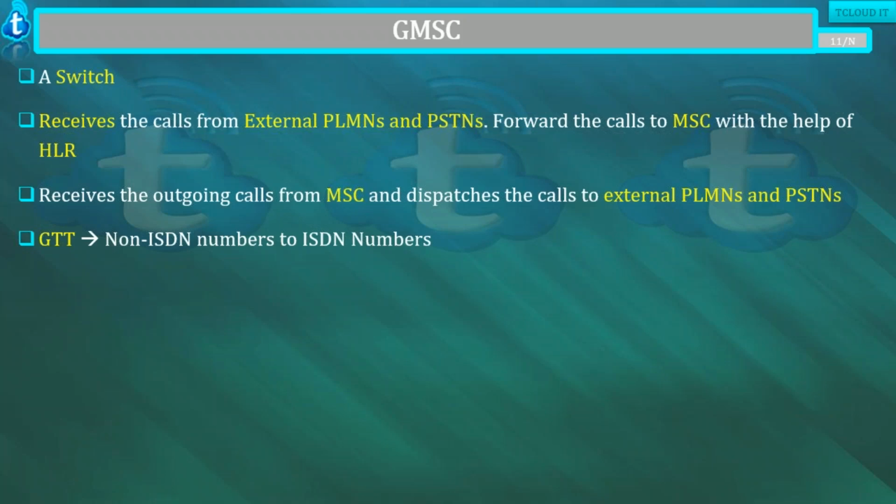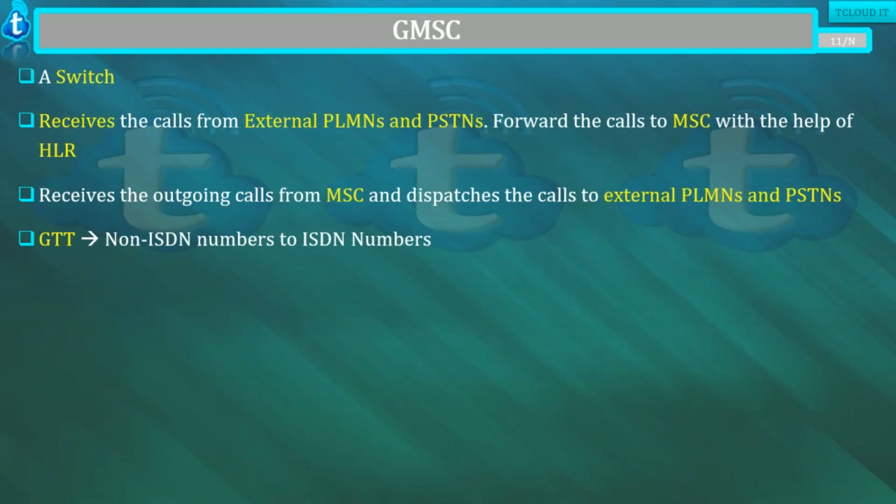For example, you have dialed a number 100. In the location where I am right now, if I dial 100, it should connect me to my local police station, which is SR Nagar police station. But when I dial 100, how does it go to SR Nagar police station?